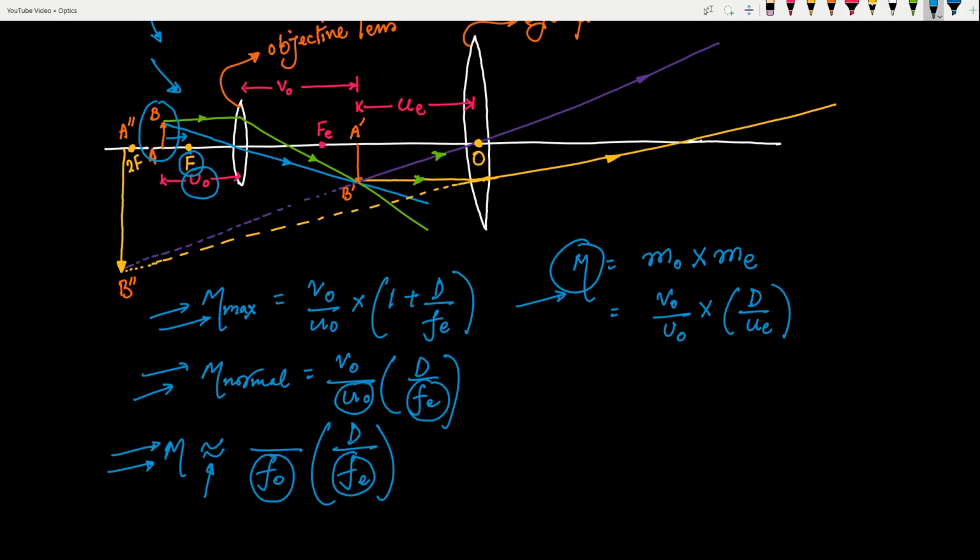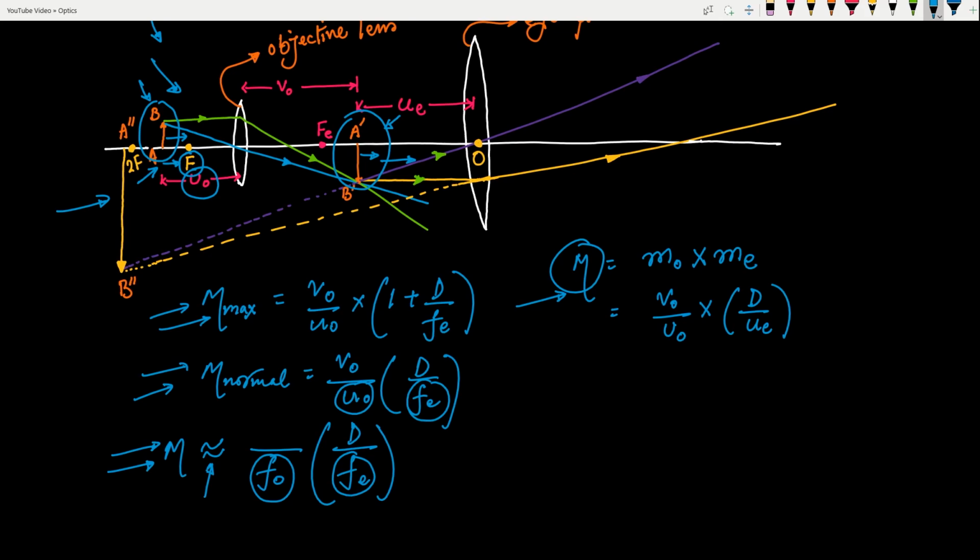Another question they can ask you: if you look closely into the diagram, you'll see that the image formed by the first objective lens is this one, A dash B dash. Now if you move the object very close to the focus, what will happen? This image will move to this side, and we know that when we keep the object on the focus, the image goes to infinity.